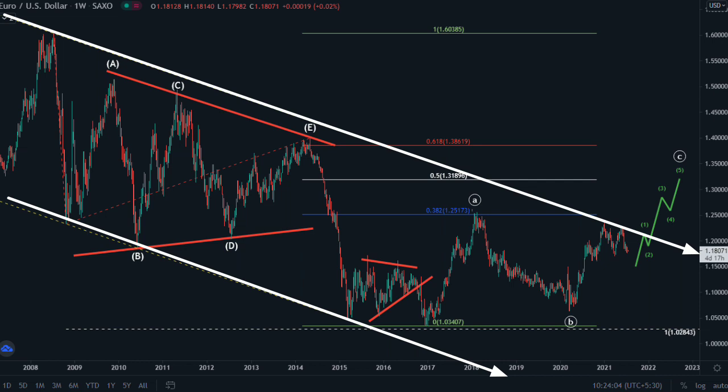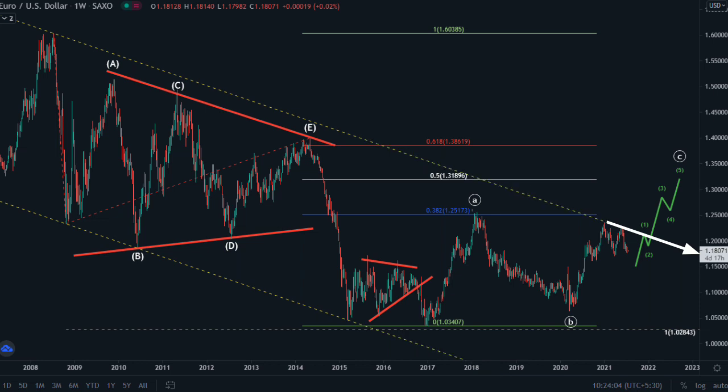If this channel or this high does not break, then it will make a deeper correction or make a new lower low. It can make a sideways correction at the boundary of this channel, then it can break this channel. If this channel does not break, then it will be a bearish trend and sellers will target this bottom again.